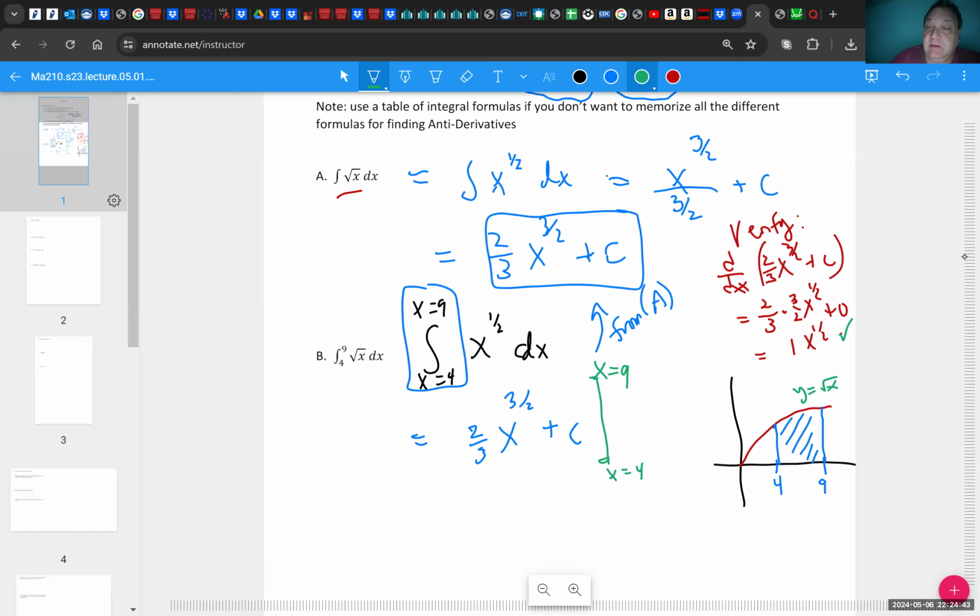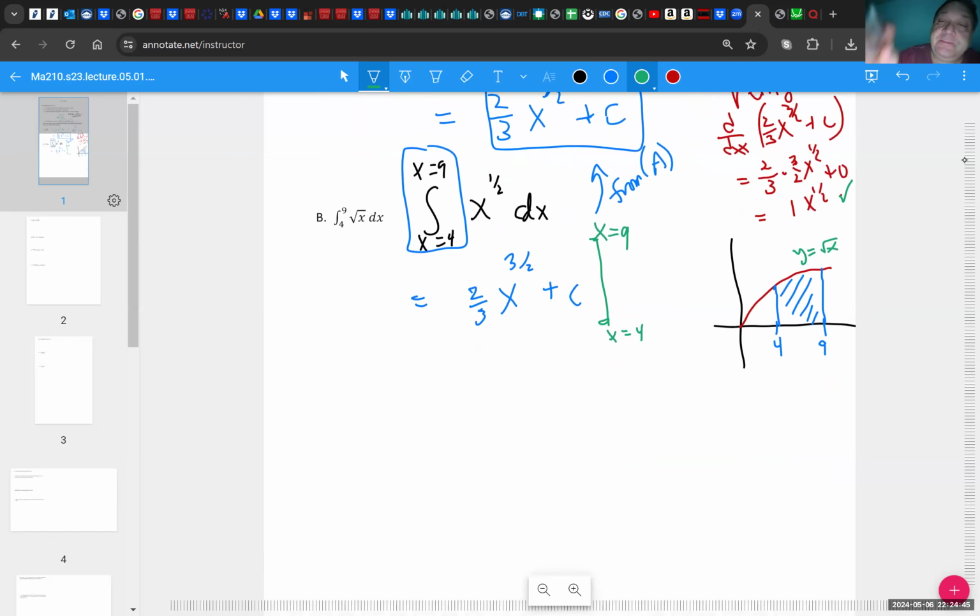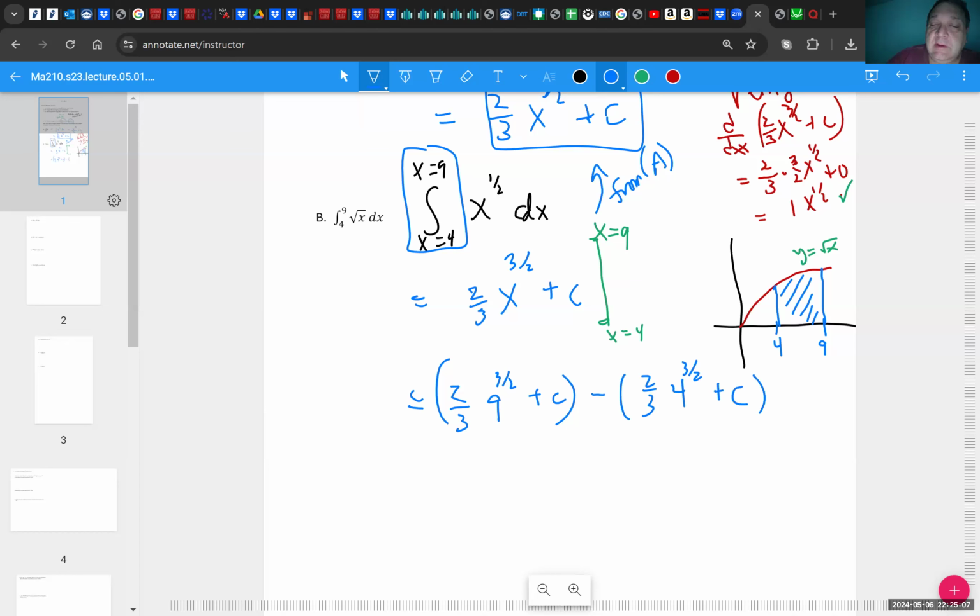If I can get some more space, here we go. So I'm going to plug in the top number first. Plus c, that's the x equals 9 version. And then I'm going to plug in the x equals 4 version. And work out the numbers.